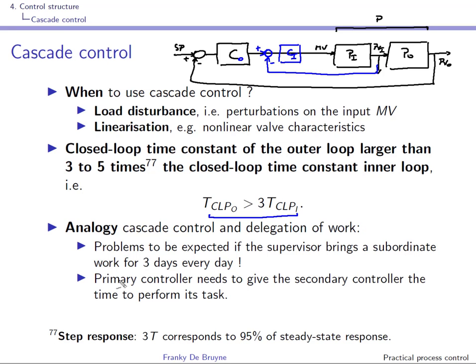In the same fashion, the primary controller needs to give the secondary controller the time to perform its task. And if you use this constraint, you make sure that at the time constant of the outer loop, the inner loop is at least at 95% of its steady state.